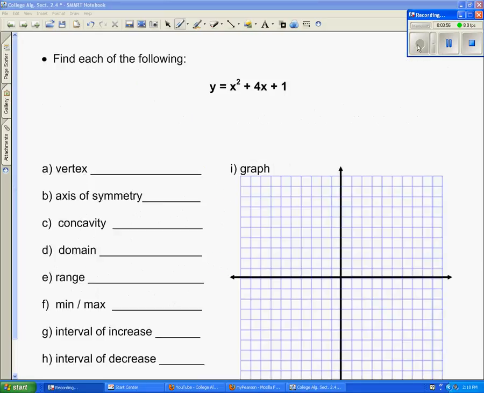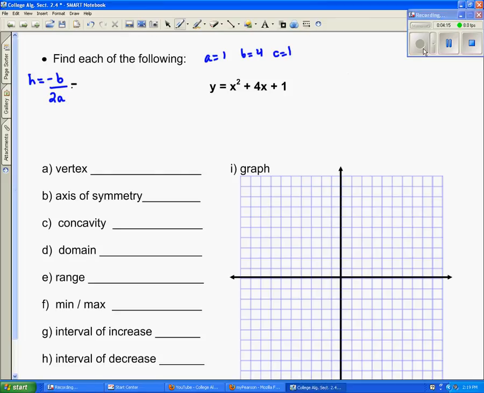Our last example, they ask us to find all this information, the vertex. This is not in vertex form, so the first thing I need to do is name my a, b, and c. a is 1, b is 4, and c is 1. And then I'm going to write my formula for vertex form and solve it. So over to the left I have negative b, and my b is 4, over 2a, and my a is 1, so I substitute that in and I have negative 4 over 2, which is negative 2. My h is negative 2, so I'm going to put that as my first value in my vertex.